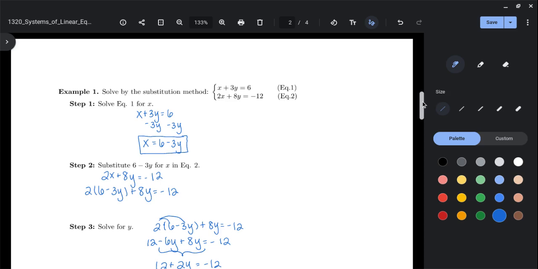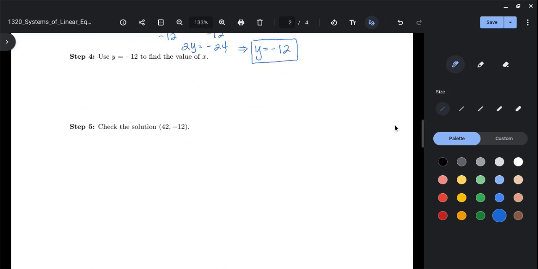I am going to go ahead and use one of our equations. So I'm going to go ahead and use equation 1. So x plus 3y equals 6. And so I'm plugging in negative 12 for y.